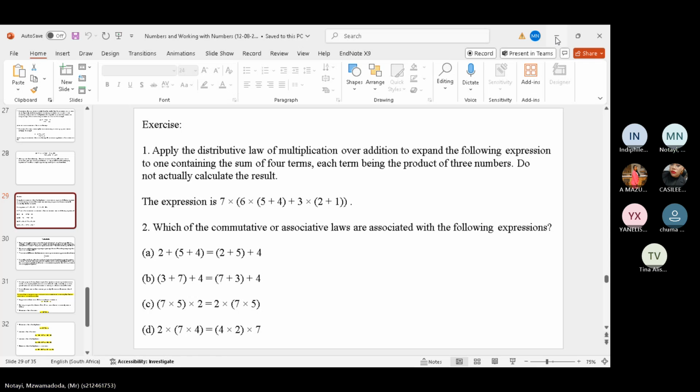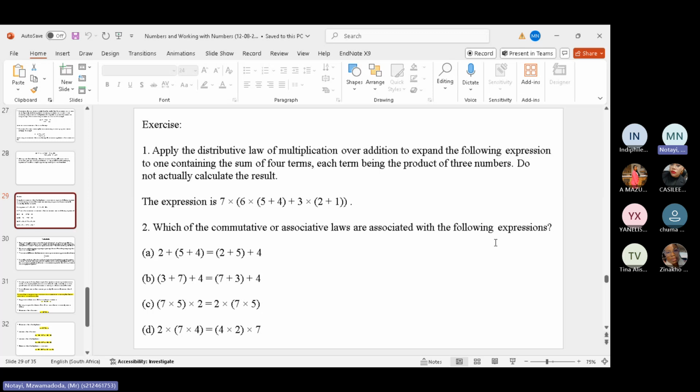Okay. All right, which of the commutative or associative laws are associated with the following expressions? I think you can determine that by yourselves.